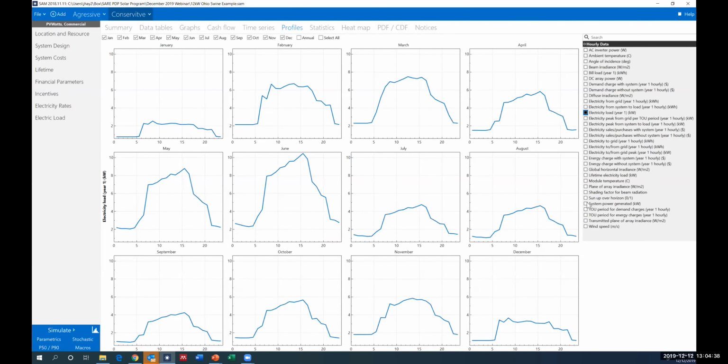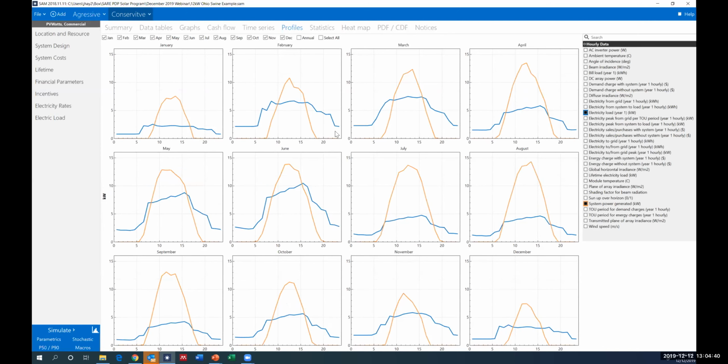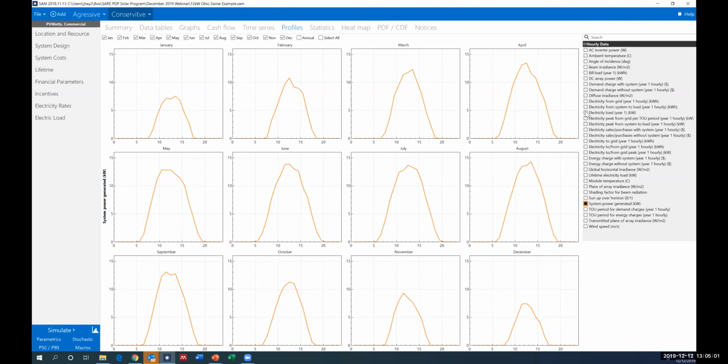Get my units the same here. System power in kW. Now this is all worth retail rate under here. Everything below the blue and above that's all worth retail rate. This may not be worth retail rate in a PURPA type of system, in a system where I don't have net metering.